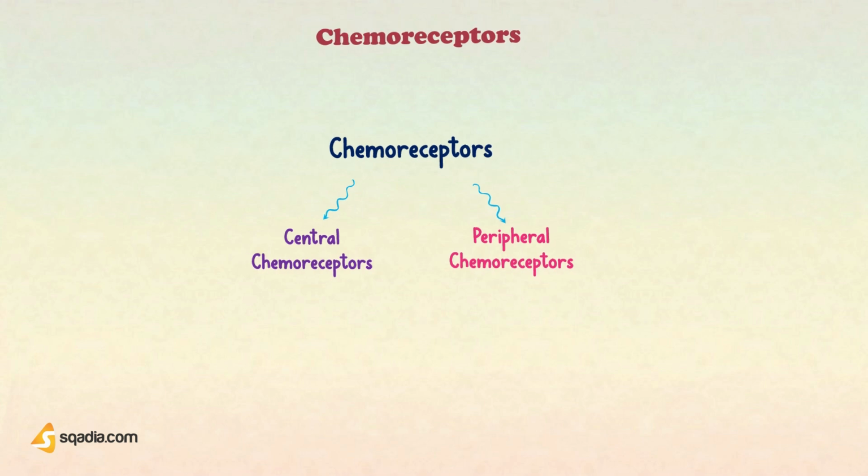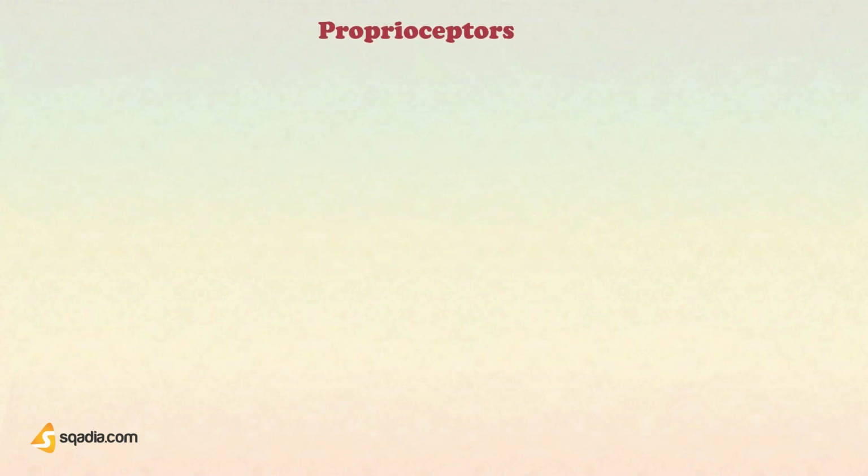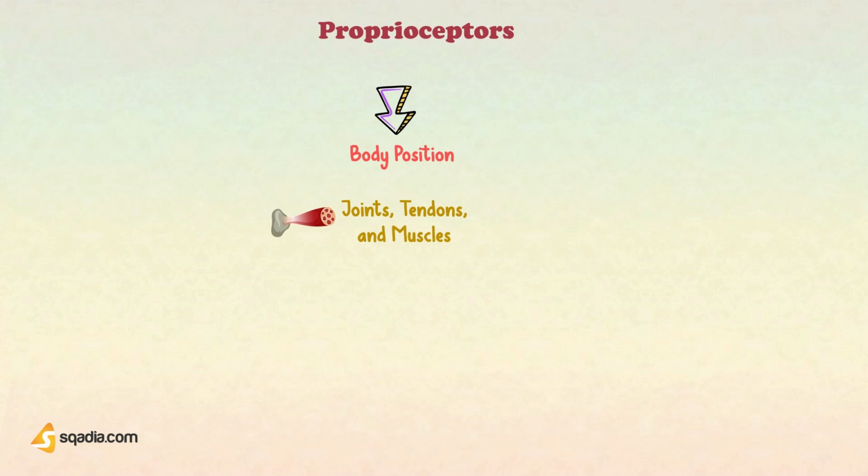Now, you must have heard the term proprioceptors. What they actually are? Well, proprioceptors are the receptors which give response to change in the position of body. These receptors are situated in joints, tendons, and muscles. They are activated during movement of the limbs and are involved in the early stimulation of breathing during muscular exercise.